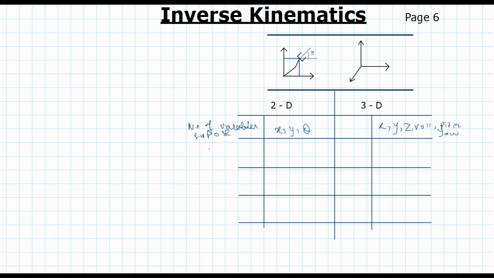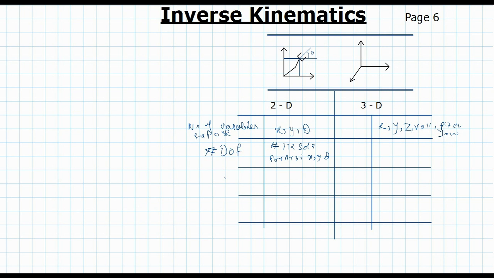What we are going to do is compare the number of degrees of freedom, and we want to find out how many solutions to the inverse kinematic problem for arbitrary x, y and theta exist. So we have basically 3 cases here.